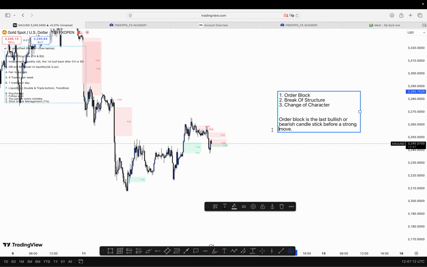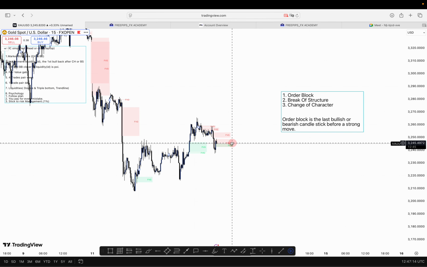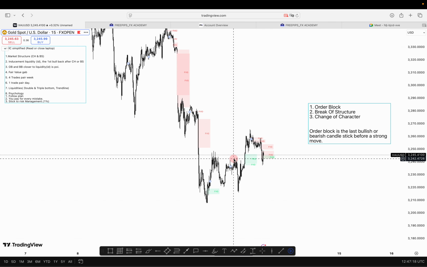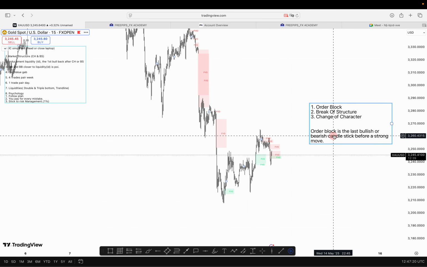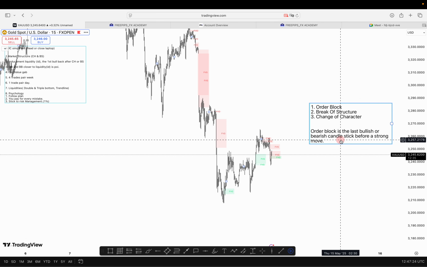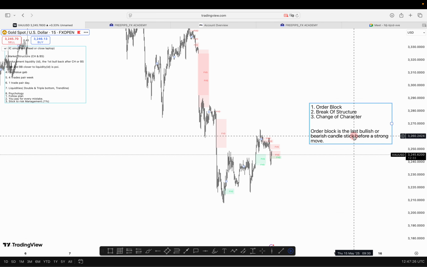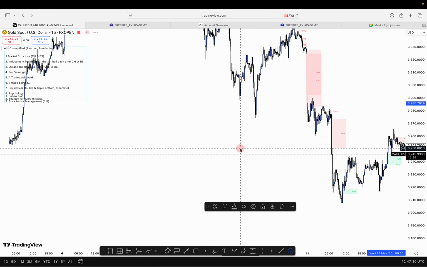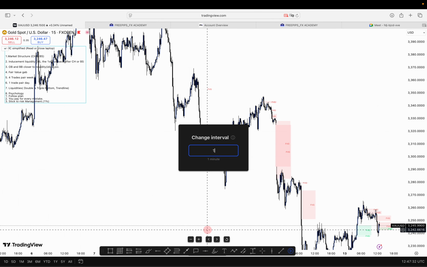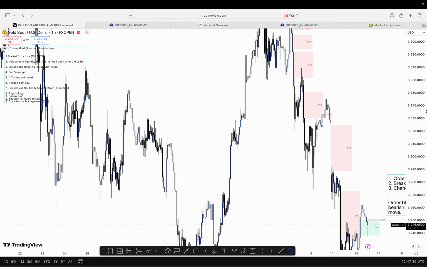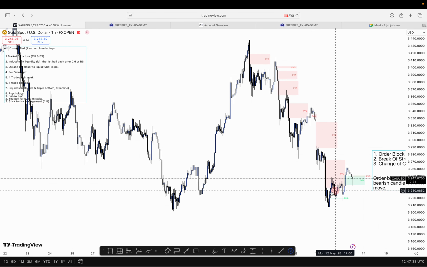So before we go to the chart and identify possible order blocks that we can find, per the definition, it is the last bullish or bearish candlestick before a strong move. Okay, so let me go to 1 hour, and we want to identify order blocks here.